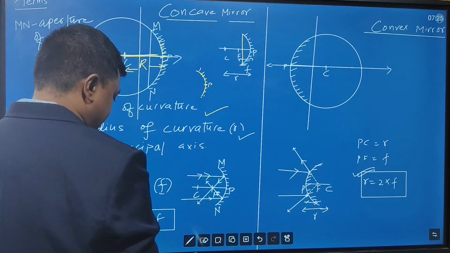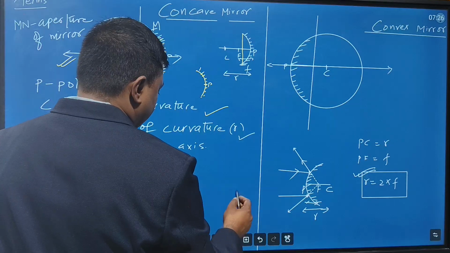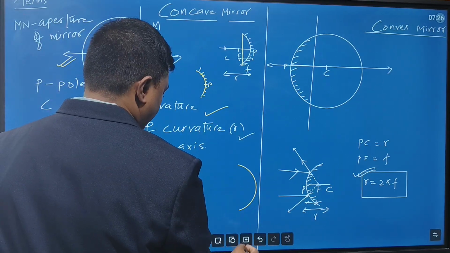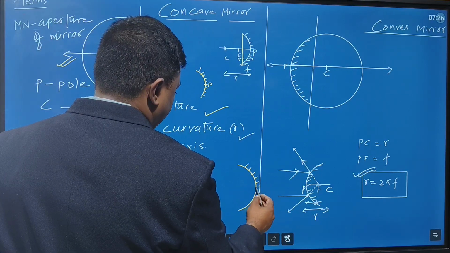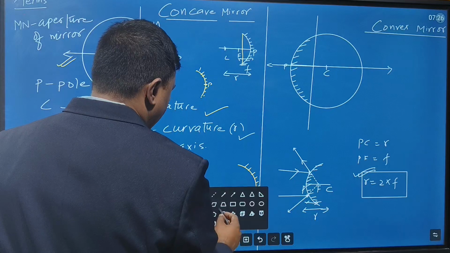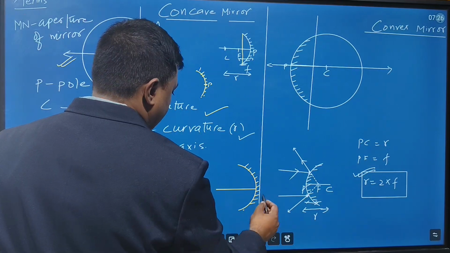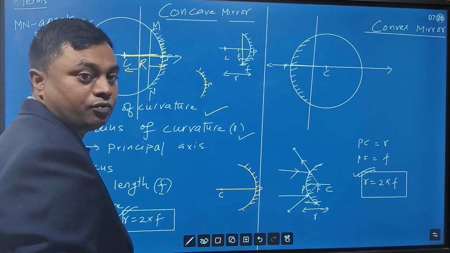What happens in the case of a concave mirror? Let's take a concave mirror here. One second, I will draw. The outer part is polished, so it is a concave mirror. This line is called the principal axis. P is here, and let's say this is C, the center of curvature.